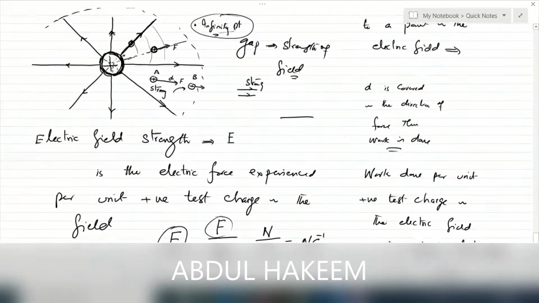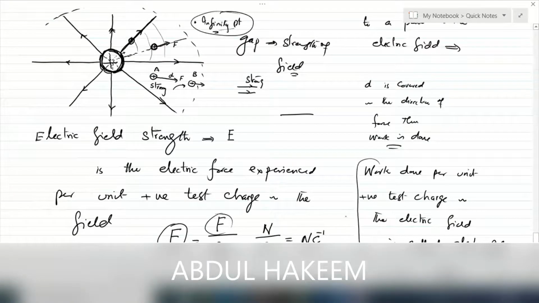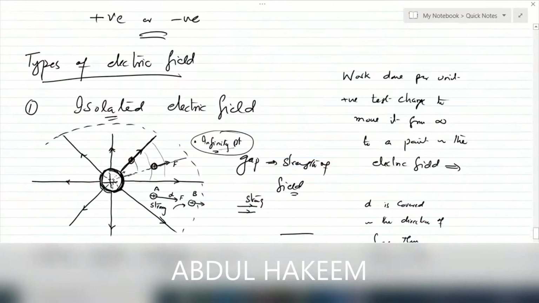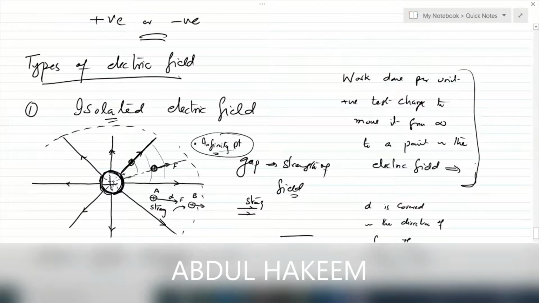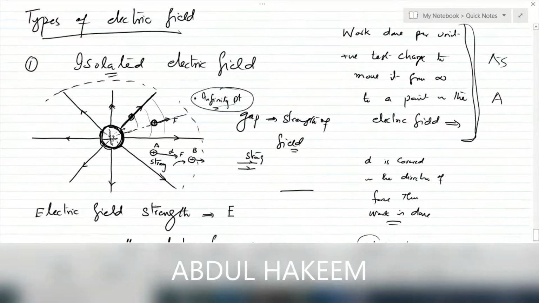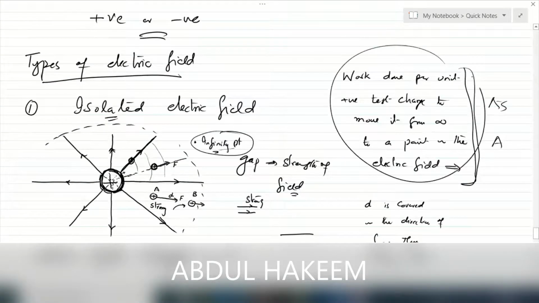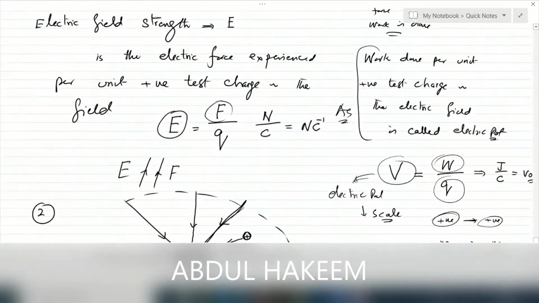So this definition is acceptable in AS, but not in the A level. And this definition is acceptable for both AS and A level, P2 and P4. So it's better to remember this definition: work done per unit positive test charge to move it from infinity to a point in the electric field.